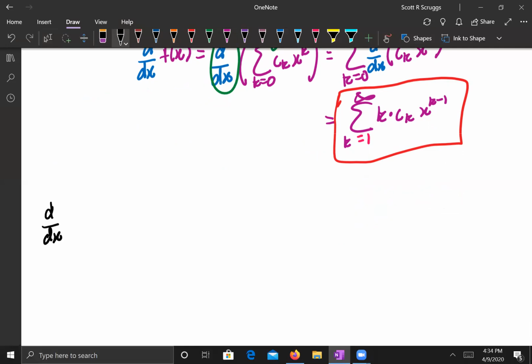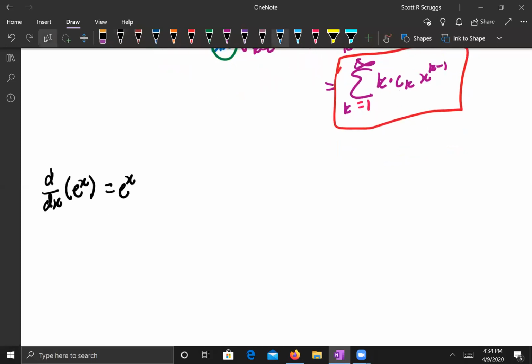So what I'm going to do is say we're going to confirm that the derivative of e to the x is boring, in which case the derivative is itself, using Taylor series. Let's go about that. Taking the derivative of e to the x.